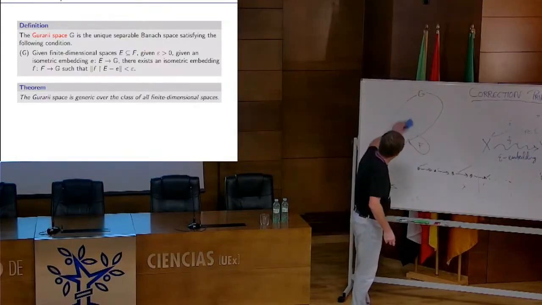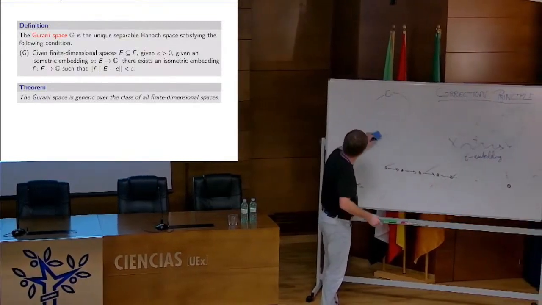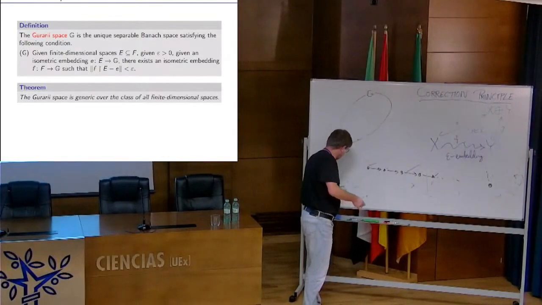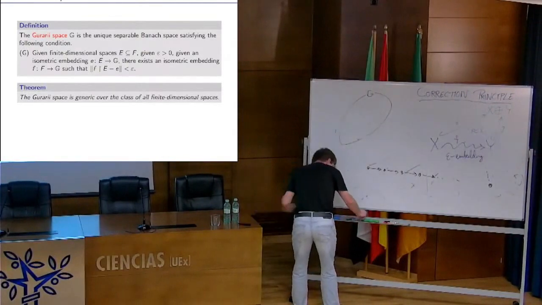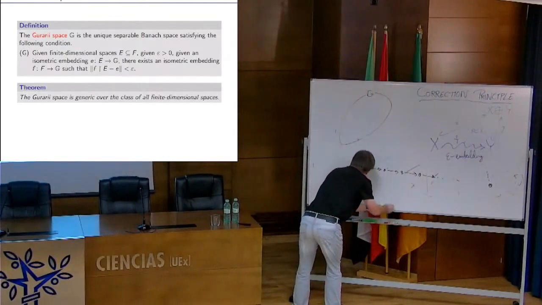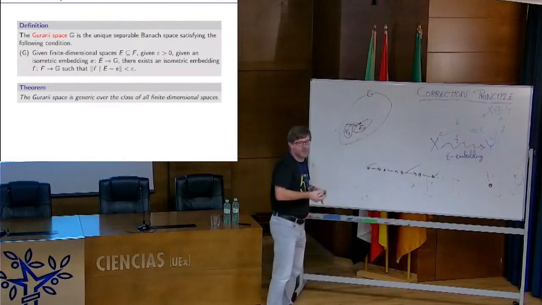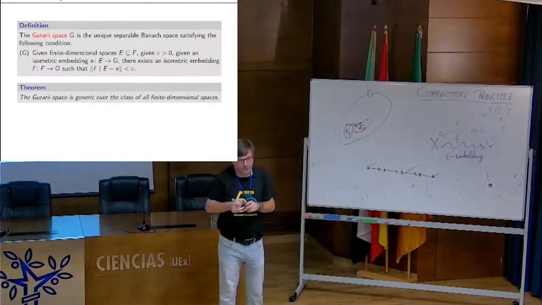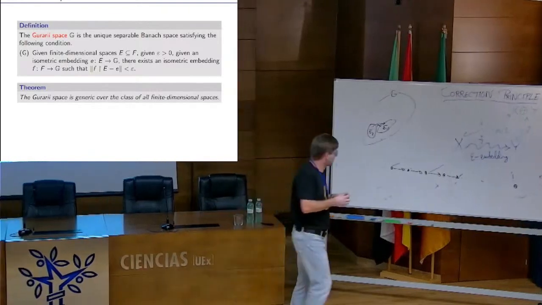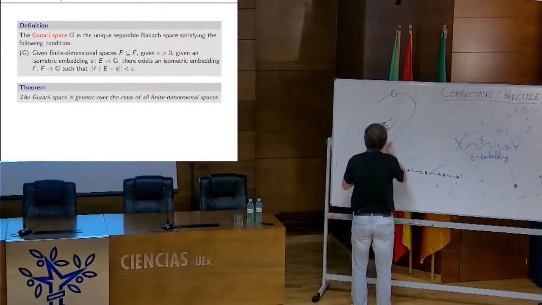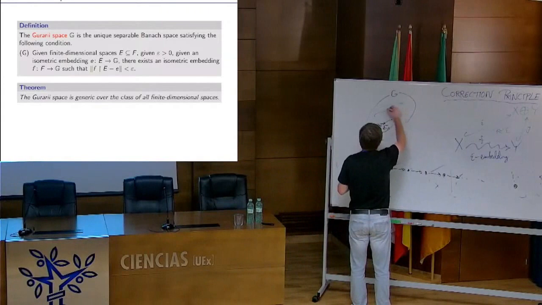Okay, so this approximate homogeneity, which really follows from the condition, is simply you have two finite dimensional spaces, say E0, E1. You have an isometry between them. Maybe you cannot extend. Often you cannot extend to an isometry, but you can find an isometry which is epsilon close, yeah?